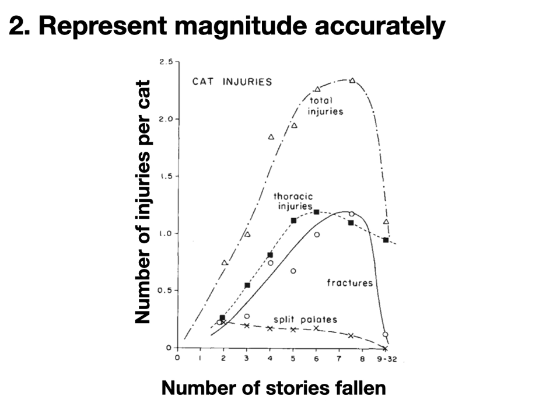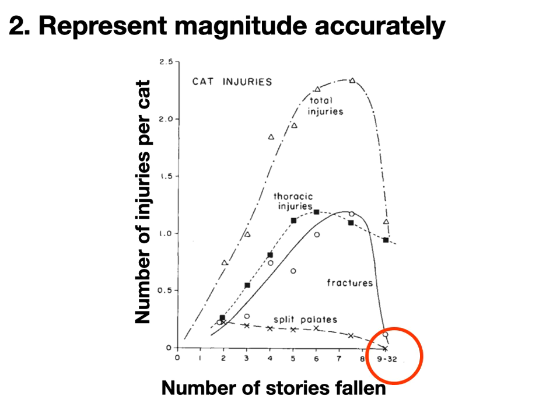Here's an example we saw in this course that has something funky going on with magnitude. We saw this graph from an old paper on falls and injuries in cats. What's funky here is that the data on the x-axis are presented as a numerical scale of number of stories fallen.